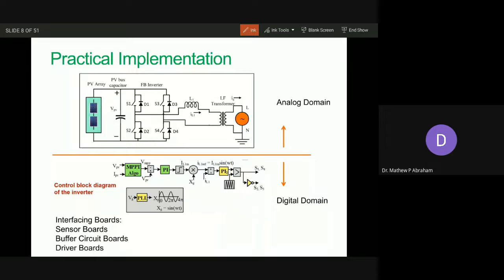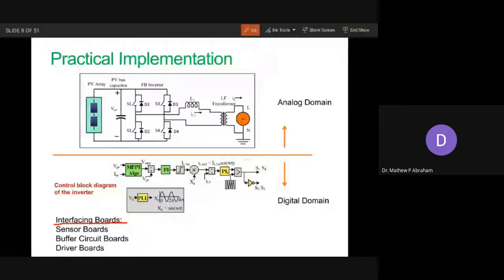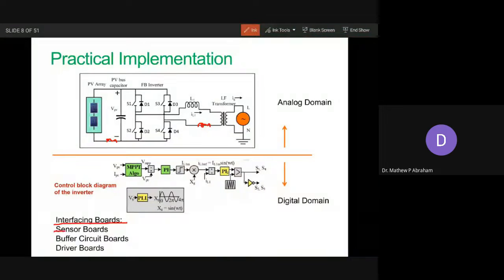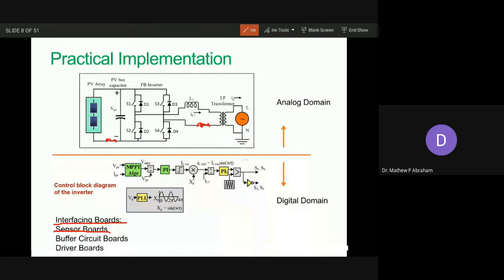And the transition from the analog domain to the digital domain is done using a lot of electronic circuitry. They are called interfacing boards. So we will be putting sensors here for measurement of voltages and currents. So we need to have some sensor boards. Then some buffer circuit boards. The sensors will not be directly connected to the controller, DSP board or microcontroller board, for protection.